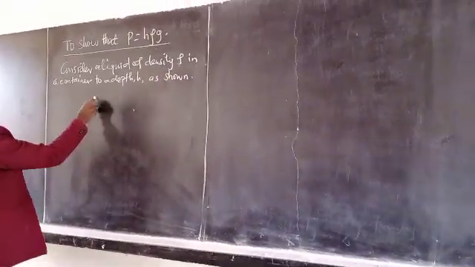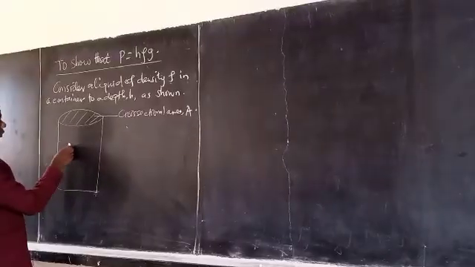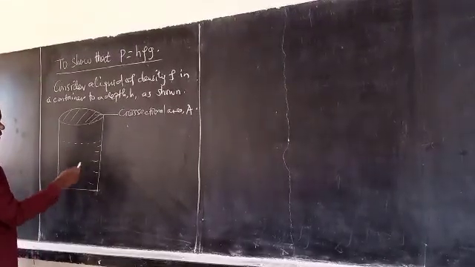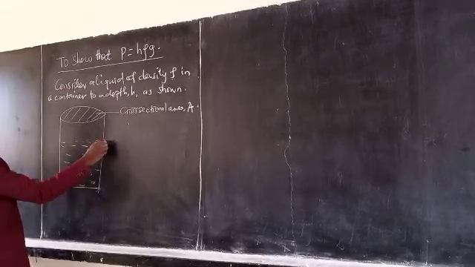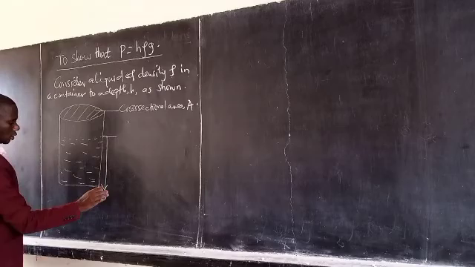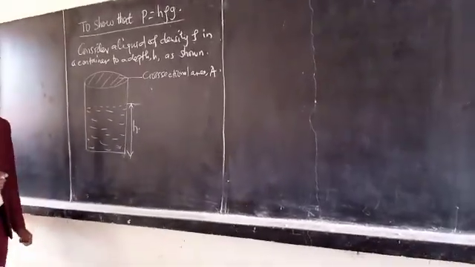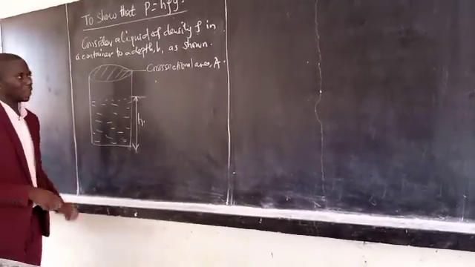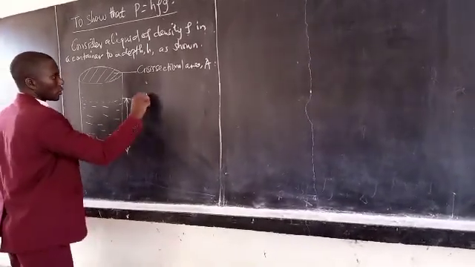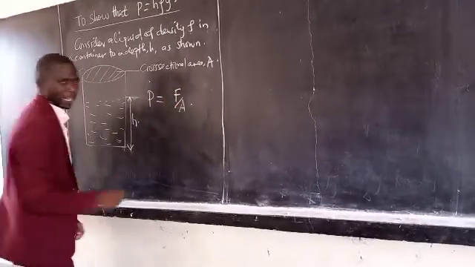So this is our cylindrical liquid up to a certain height h. This height is h. So how do we get pressure? Pressure equals force over area.